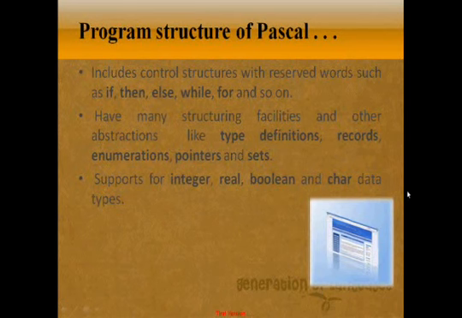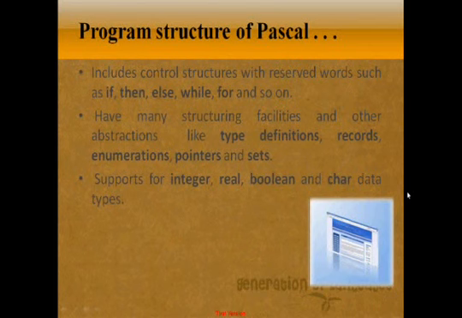The structure of a Pascal program includes many control structures with reserved words such as if, else, then, while, for, and so on. It has many structuring facilities and other abstractions like type definition, records, enumeration, pointers, and sets.